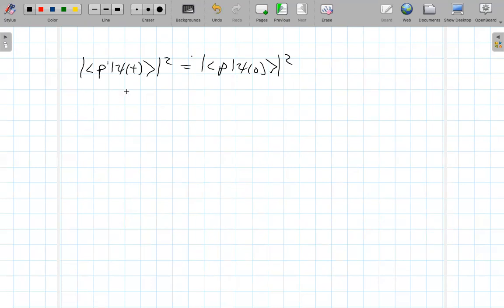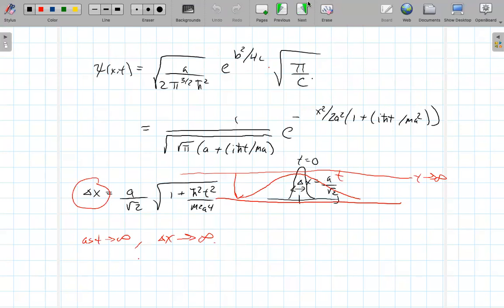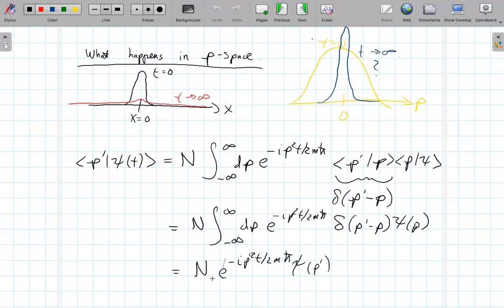The probability of measuring it at some later time is exactly the same as the probability of measuring at the initial time, which means it doesn't delocalize. It stays exactly the same as it was before. The only thing that happens is it picks up a phase out front, which evolves it in time, but this phase doesn't change anything about the localization. So this thing does not delocalize at all.